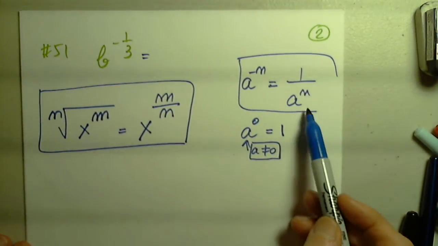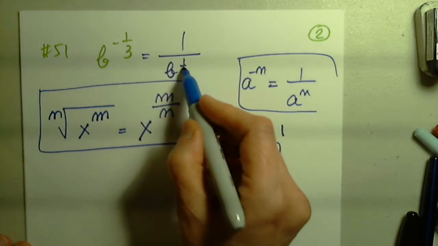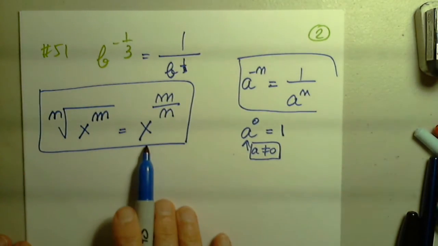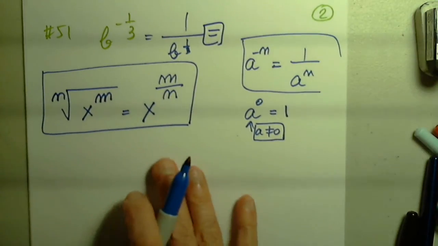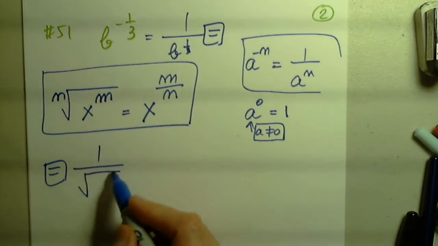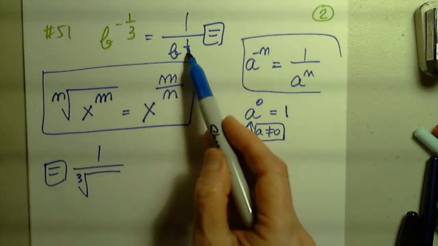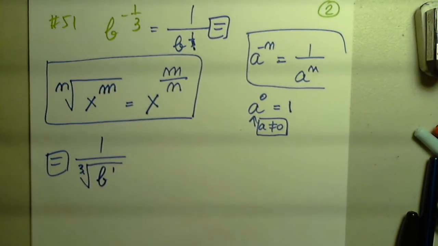First of all, we're going to apply this rule, which gives us 1 over b to 1/3, and then we're going to apply this rule. So this will be 1 over the cube root. The denominator is always the index, and the power is just the power of b.